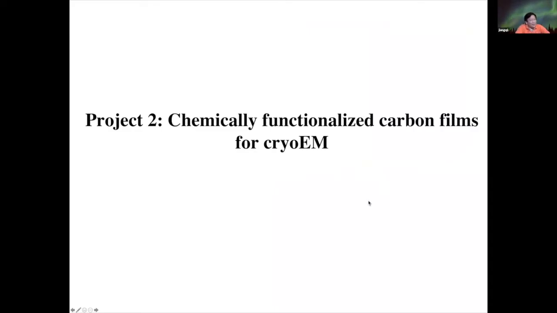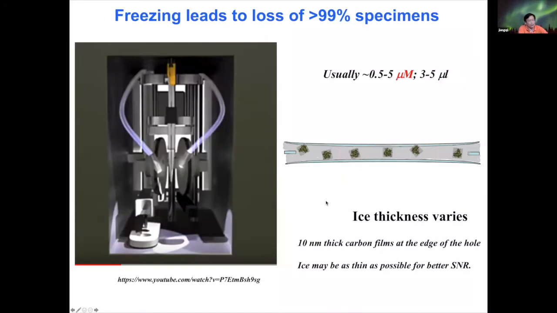The second project I'm going to tell you about is a new method we developed for cryo-EM, which we call the chemically functionalized carbon films. The general idea comes from the flash freezing step.